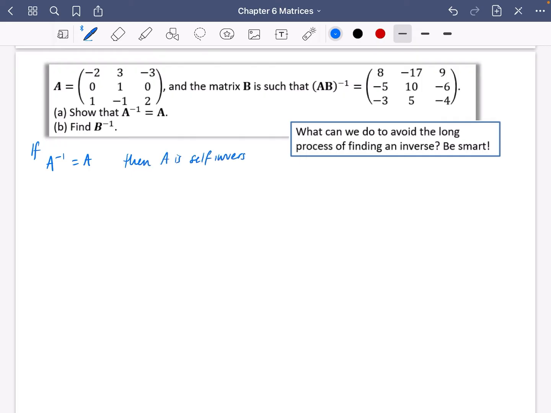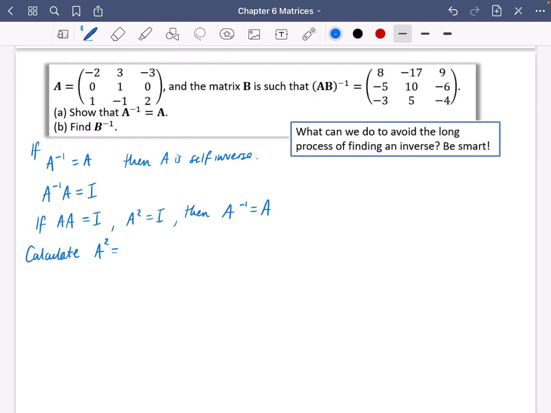If A is self-inverse, then we know that A inverse multiplied by A must be equal to I. In other words, if A times A, because these two things here are the same as each other, so if AA, or in other words, A squared, is equal to I, then A inverse must be equal to A. So all I actually need to do to show that A inverse is equal to A is just calculate what A multiplied by A is, or in other words, just what A squared is.